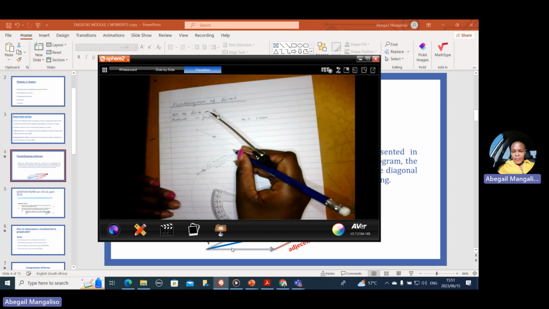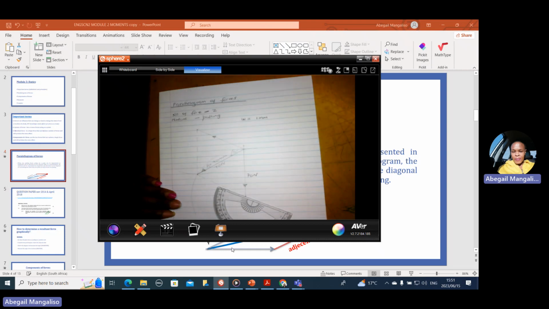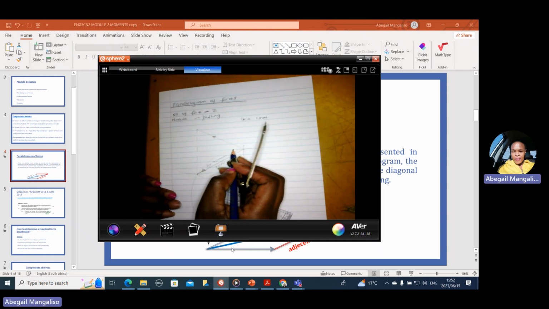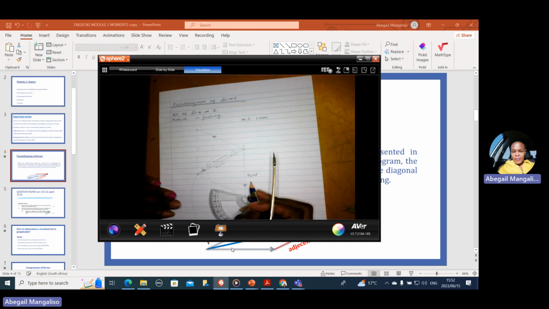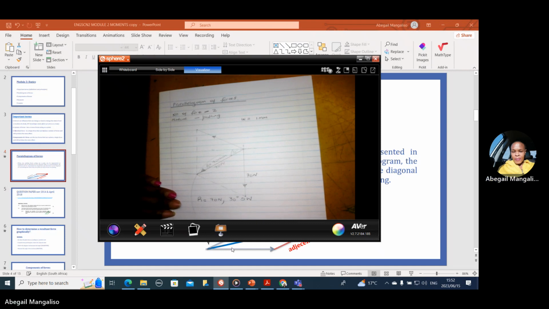And it is below the left horizontal, which is west, going to south. So this will be southwest. The resultant of this system of forces, R, will be equal to 70 newtons, and the angle is 30 degrees south of west.